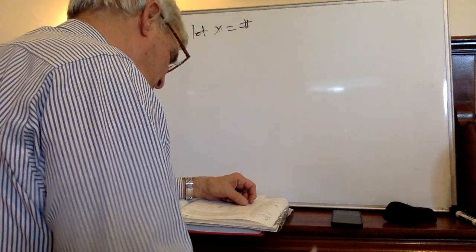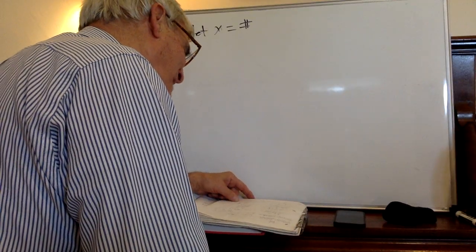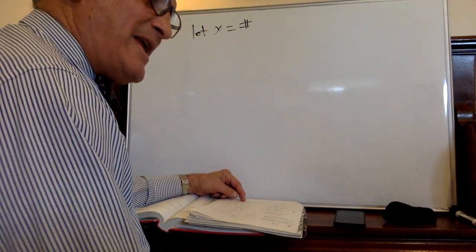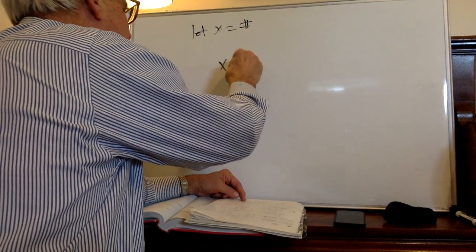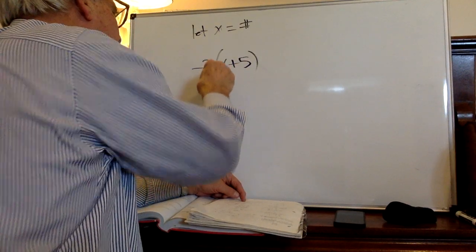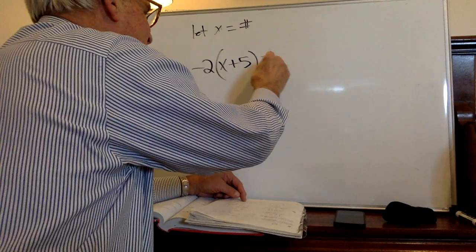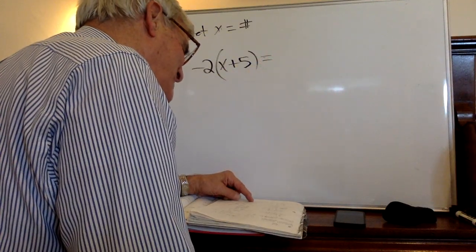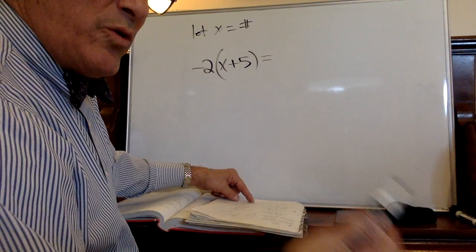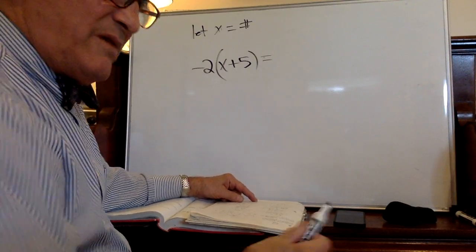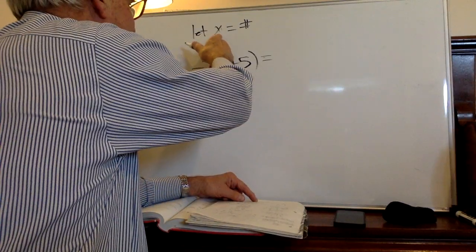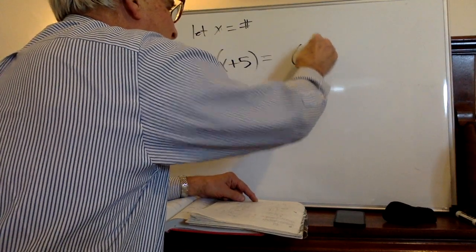And it said that when you add 5 to that number and then multiply that sum by -2, this quantity is 18 more than 6 times the opposite of the number. Well, if that's the number, the opposite of the number is -x.